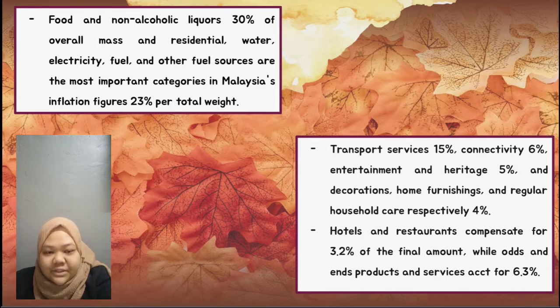Other classifications encompass transport services, which is 15%, communication 6%, recreation and culture 5%, and furnishings, household equipment, and regular household care respectively 4%. Hotels and restaurants account for 3.2% of the total, while miscellaneous goods and services account for 6.3%.